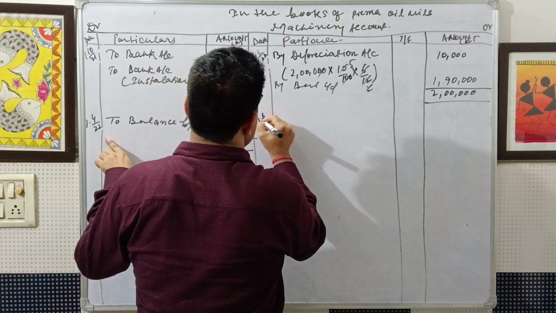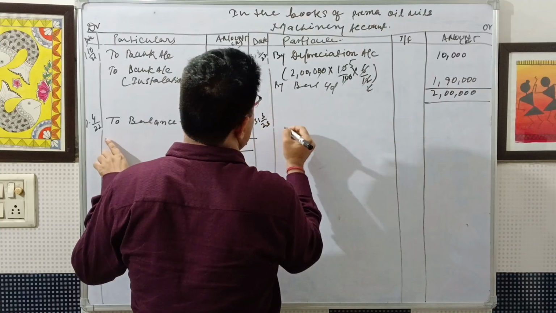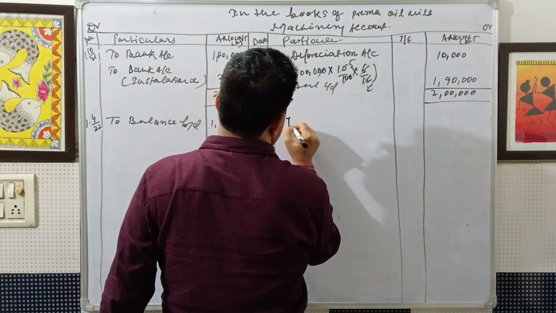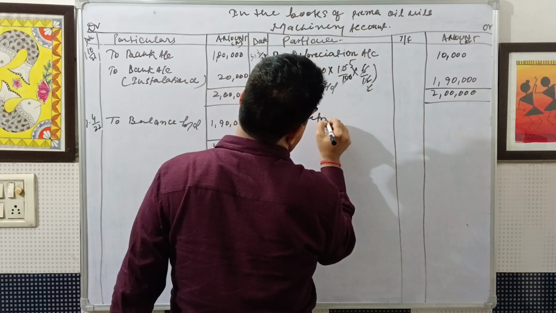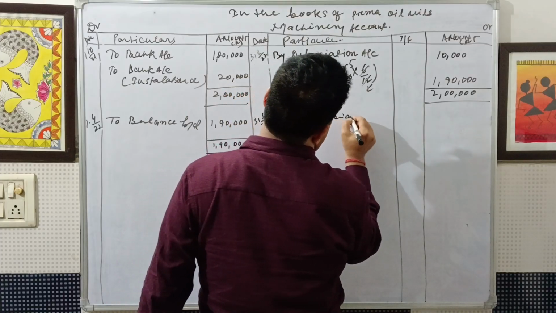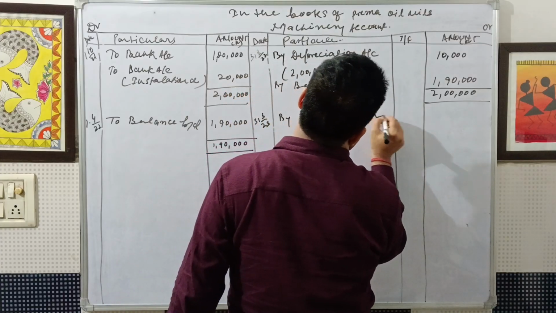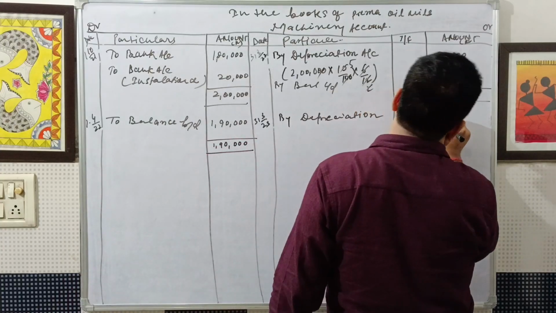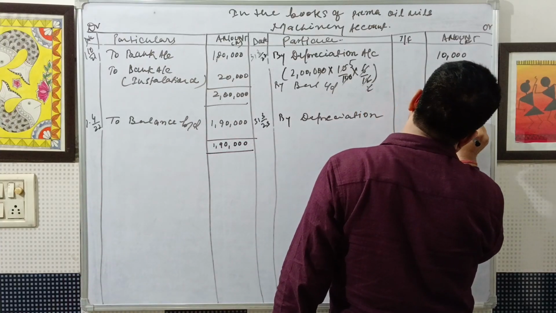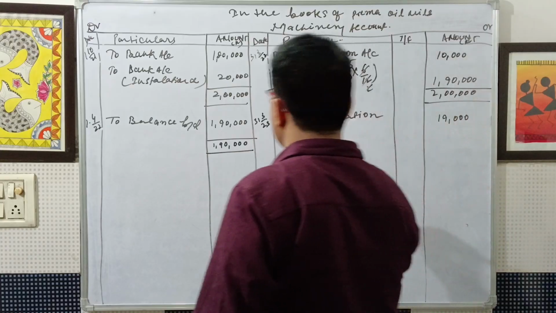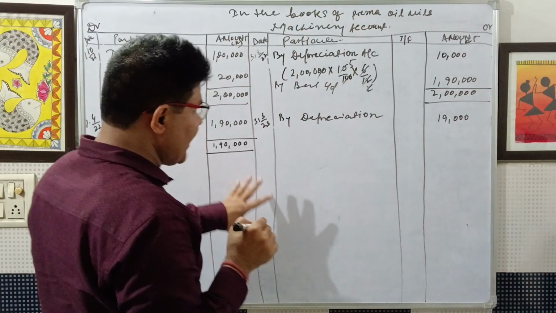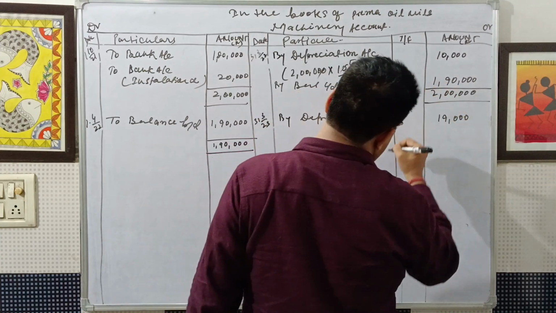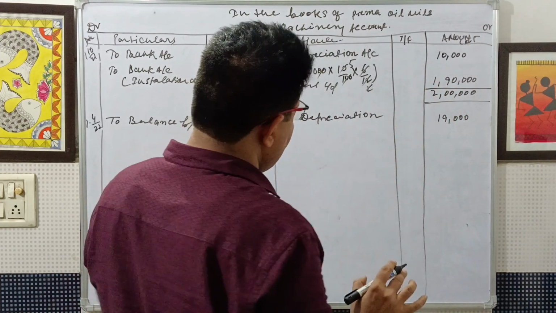Now on 31st March 23, by depreciation, how much? 19,000. Why 19,000? Because this is the diminishing balance method. Diminishing balance, reducing balance, or written down value method, it is the same thing.